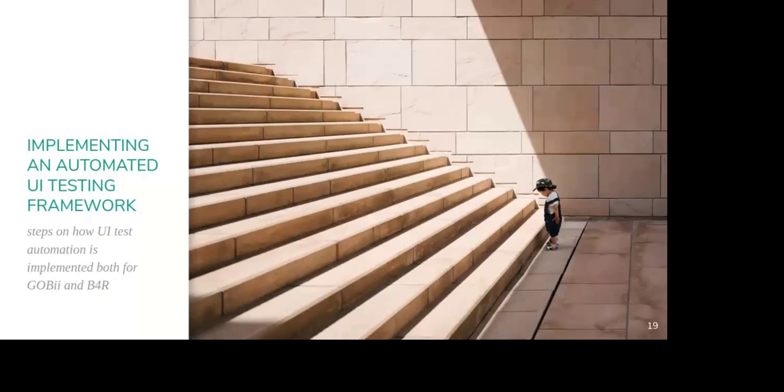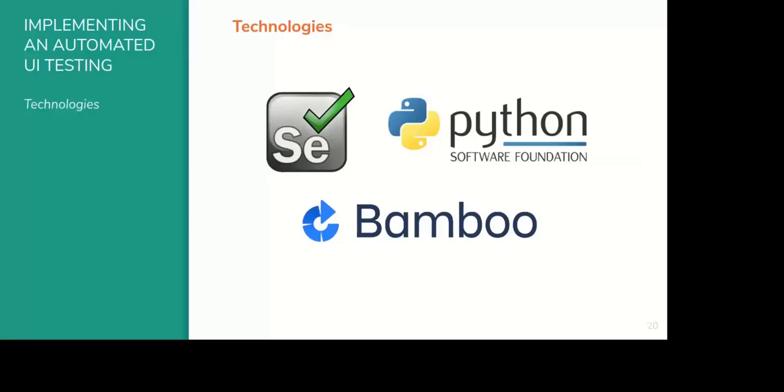So these are the steps on how the UI test automation is implemented, both for GOBii and B4R. These are the technologies used: Selenium, which is an open source software testing framework for web applications that is portable, and Python as a programming language for writing the test scripts.